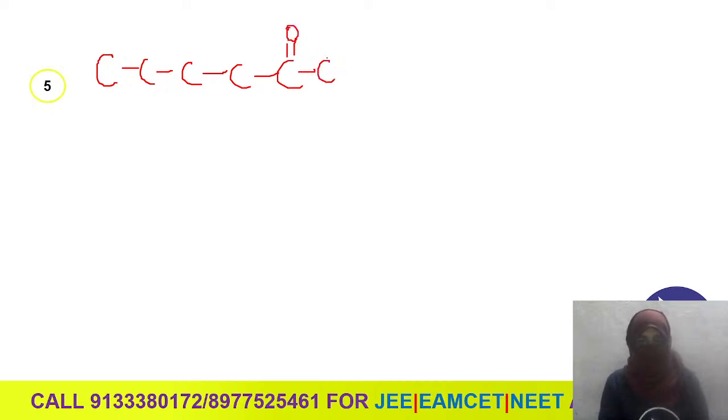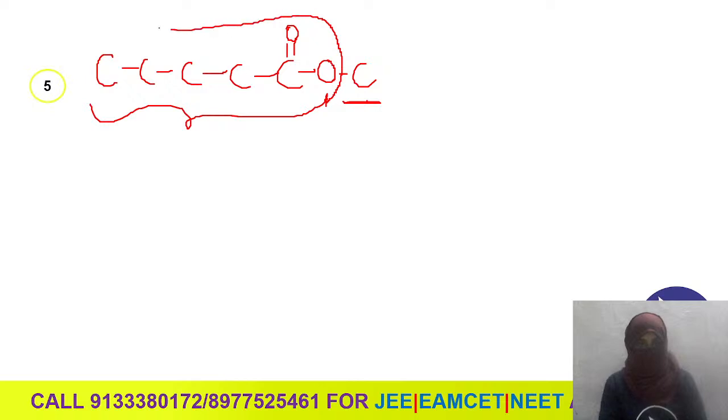So look here again, I'm writing the structure again. Now you can see that this is the carboxylic acid part and this is the carbon chain. I already told you that whenever the carboxylic acid H goes, this part should be written separately, that is pentanoate.